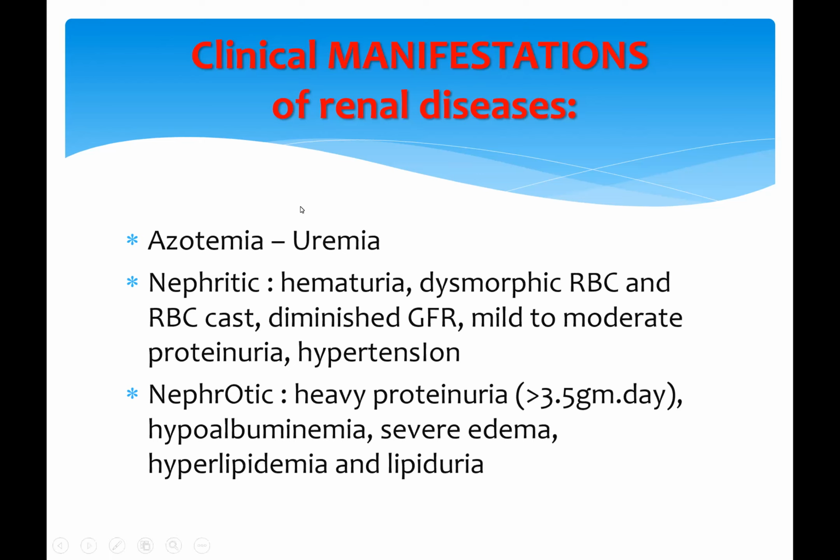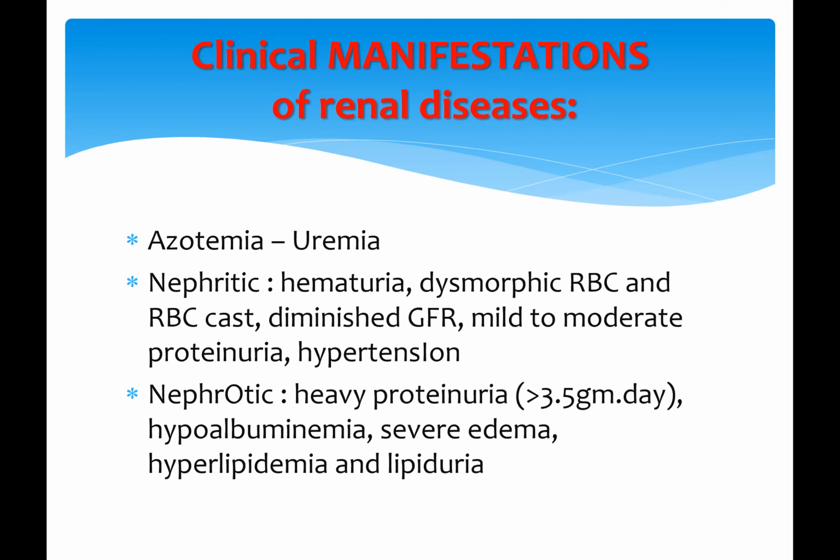Now, when azotemia leads to clinical signs and symptoms associated with biochemical abnormalities, the term is now called uremia. Uremia is characterized by failure of renal excretory function and accompanied by metabolic and endocrine alterations that result in renal damage.